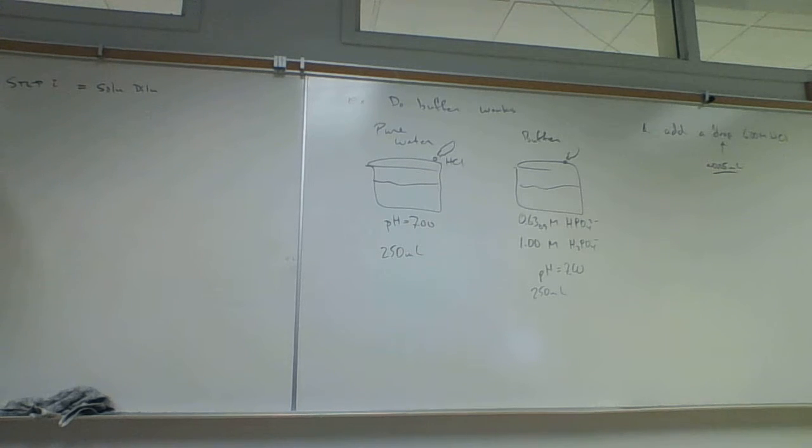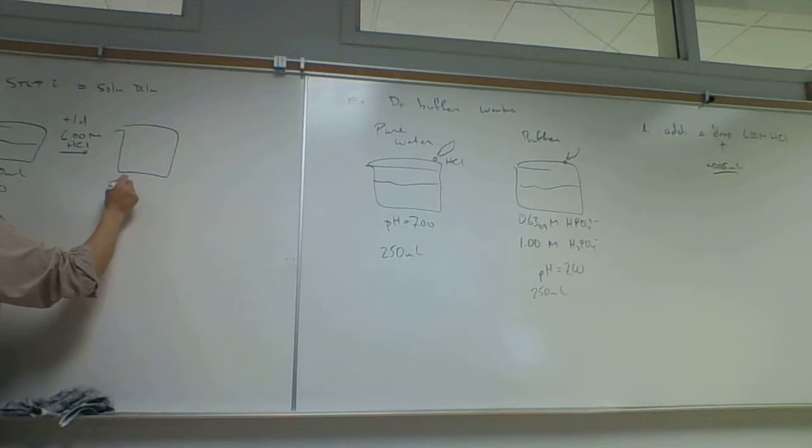And so let's do pure water first. If we do pure water, we're starting off with 250 milliliters of just H2O liquid. And then we're going to add 1 drop of 6.00 molar HCl.